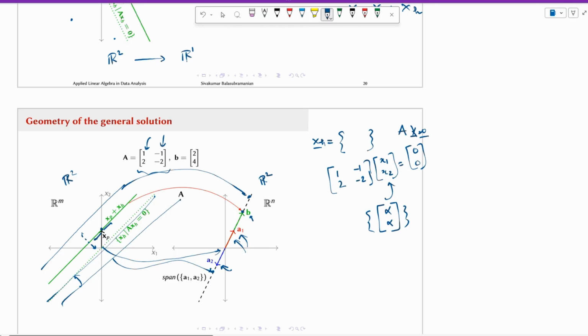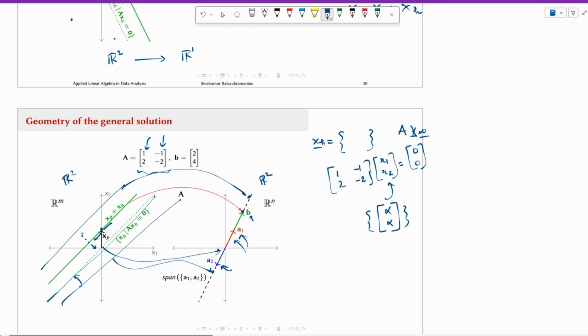So that means you can have situations where you have no solution because all the points in the output space cannot be reached. But if you have a full rank matrix, all the points can always be reached. You always have a solution. Whether you have infinitely many or unique depends then on what is your input space. If the input space has the same dimension as the output space and you're full rank, then it's unique.